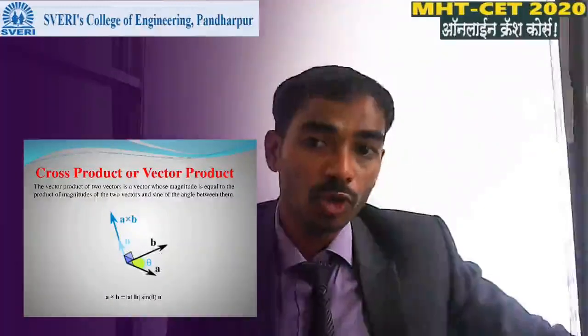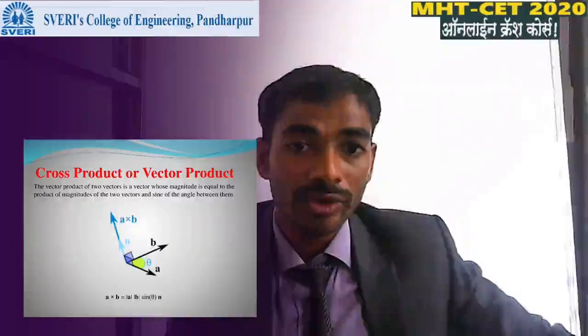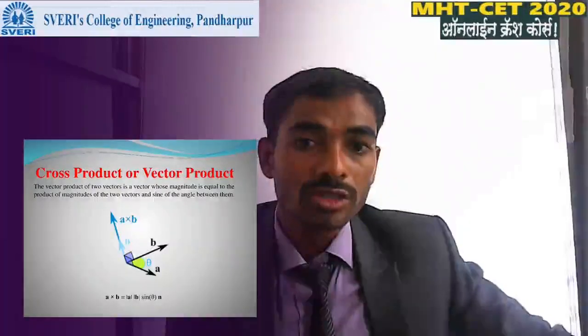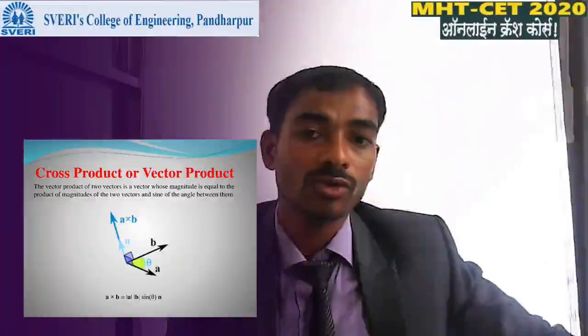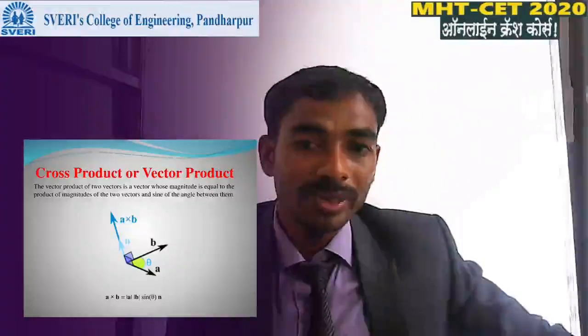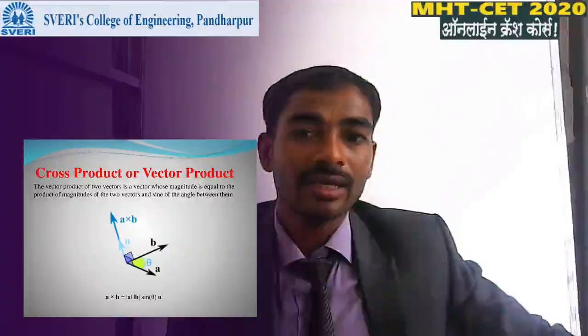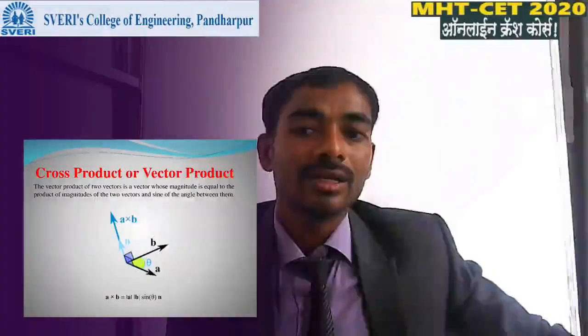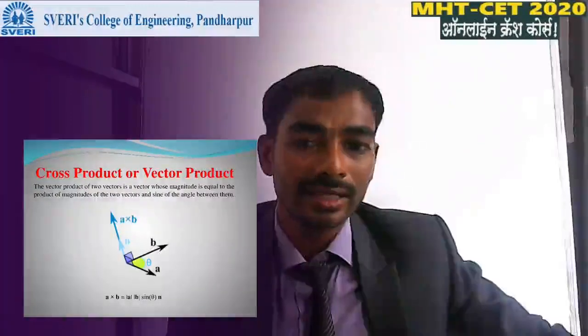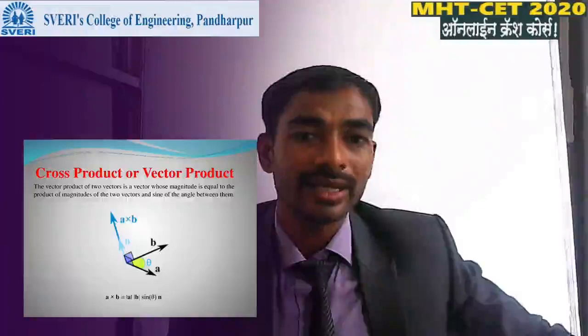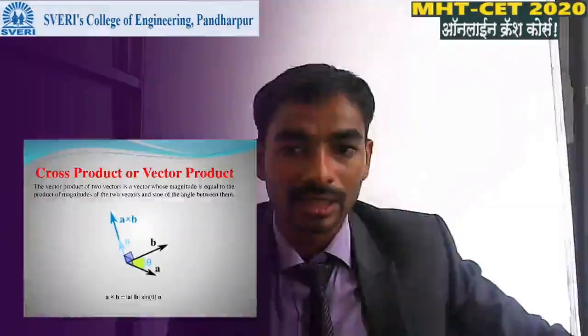But in case of cross product or vector product, we use a cross b and sin theta. So the formula for the vector product or cross product: a cross b is equal to mod of a into mod of b into sin theta into n. n is the unit vector. n indicates the unit vector.